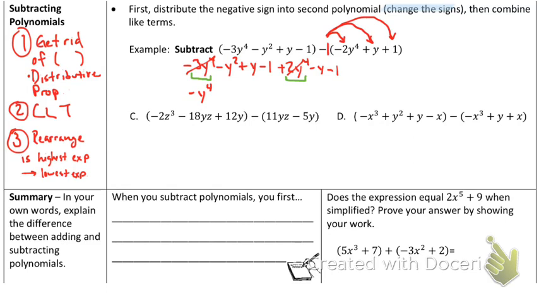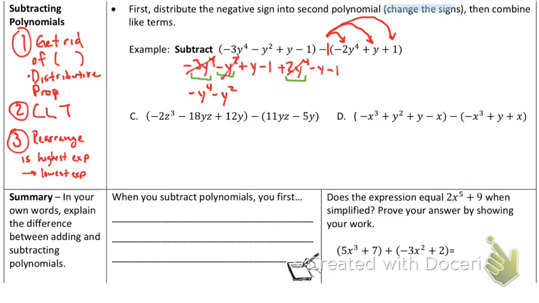And then we move on to the next term, which is negative 1y to the second. Are there any other y's to the second power? The answer is no, so we're just going to drop that guy down. Negative y to the second, cross him out.